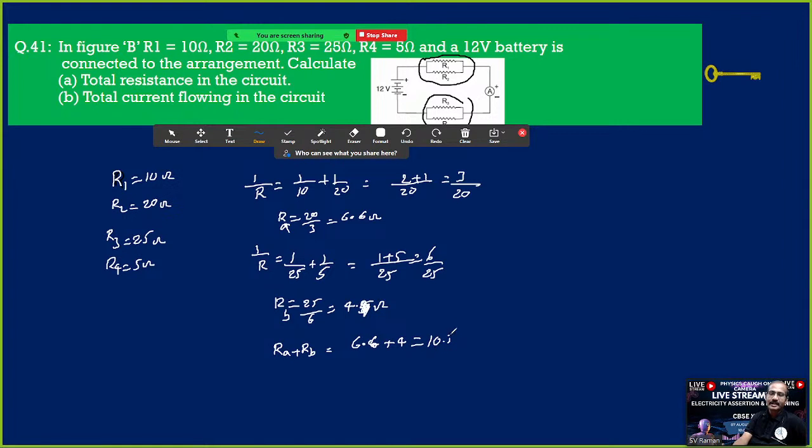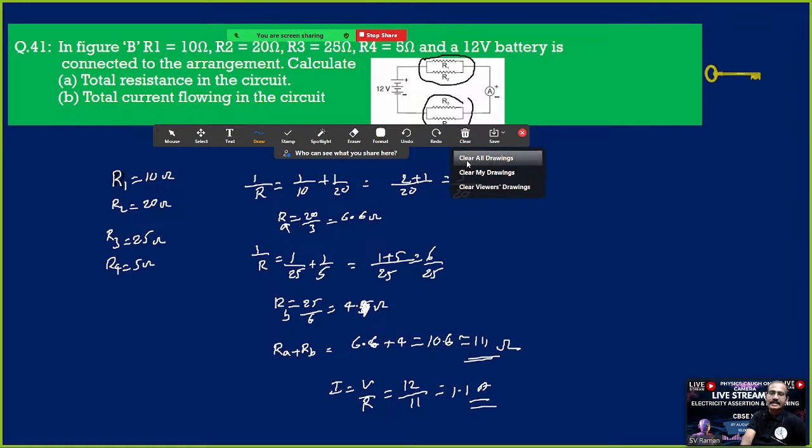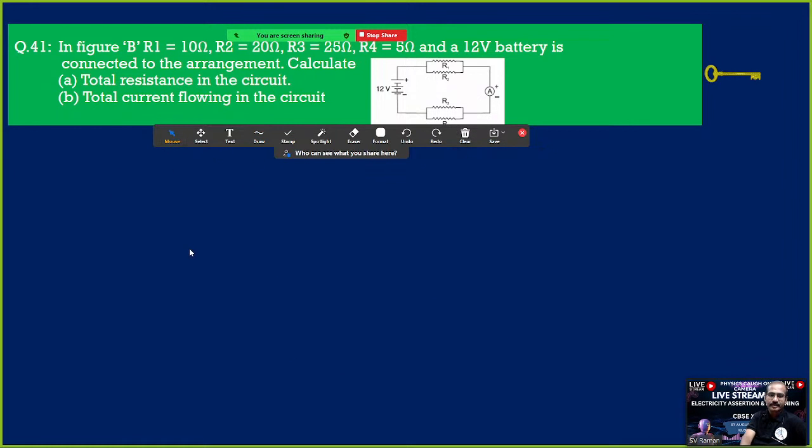Let's say approximately 11. This is the total resistance, these many ohms. Current I is equal to V by R. So V value 12 by 11, approximately 1.1 amperes. Hope this is clear to you, how to solve the question.